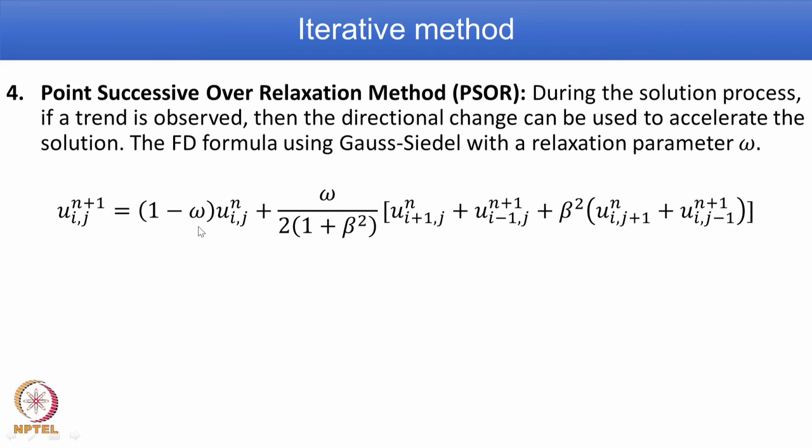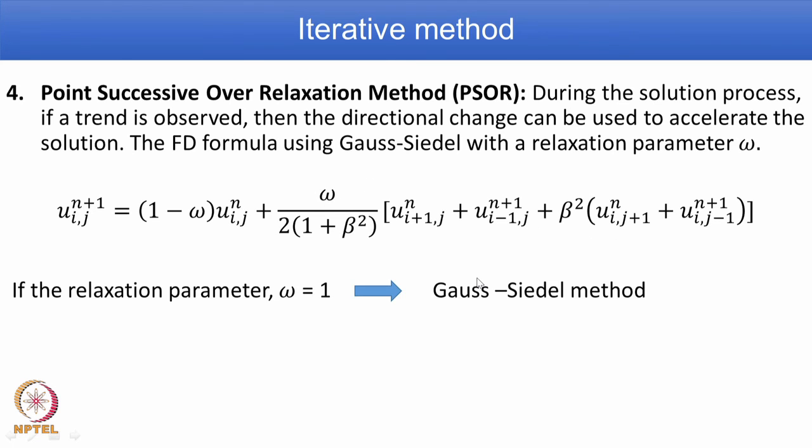So, we take 80% weightage of the previous level value for the same node i, j, that is the meaning of the term 1 minus omega times u i, j, n, and for the remaining terms again we introduce omega for taking the weightage of neighboring nodes.